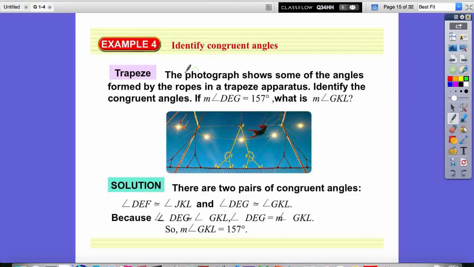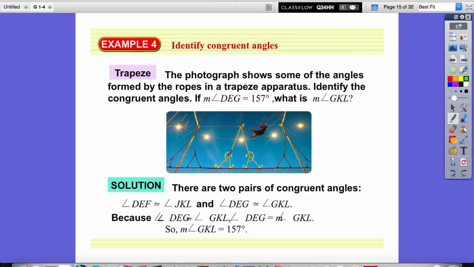Let's talk about congruent angles. The photograph shows some of the angles formed by ropes in a trapeze apparatus. Identify the congruent angles. If DEG is 157 degrees, what is the measure of GKL? Now it's a little bit difficult to see this.